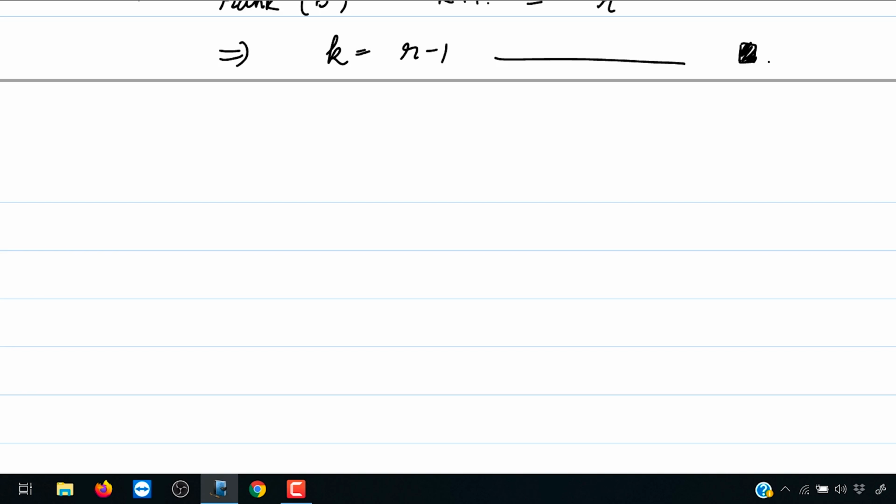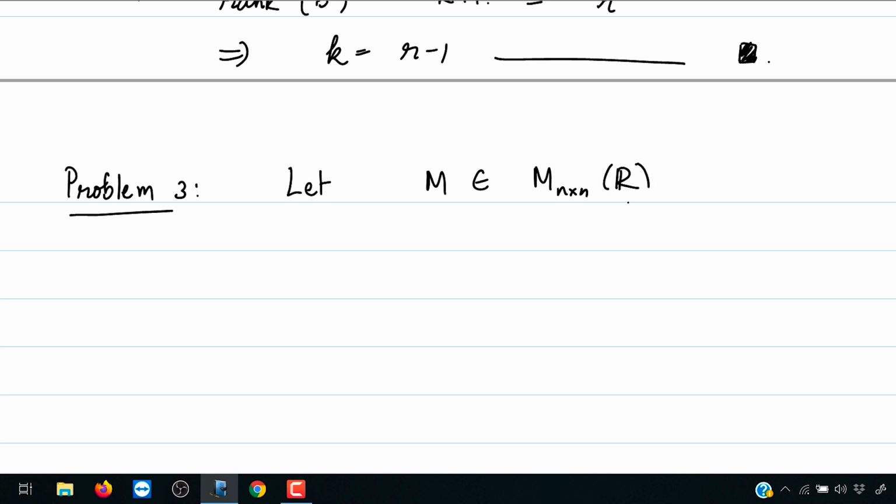So the next problem is a very important problem which talks about the determinant of a matrix which is given in one such block form. So let's see what the problem is. Problem 3. Let M be an n cross n matrix such that M is equal to A, say k cross k, block matrix it is.